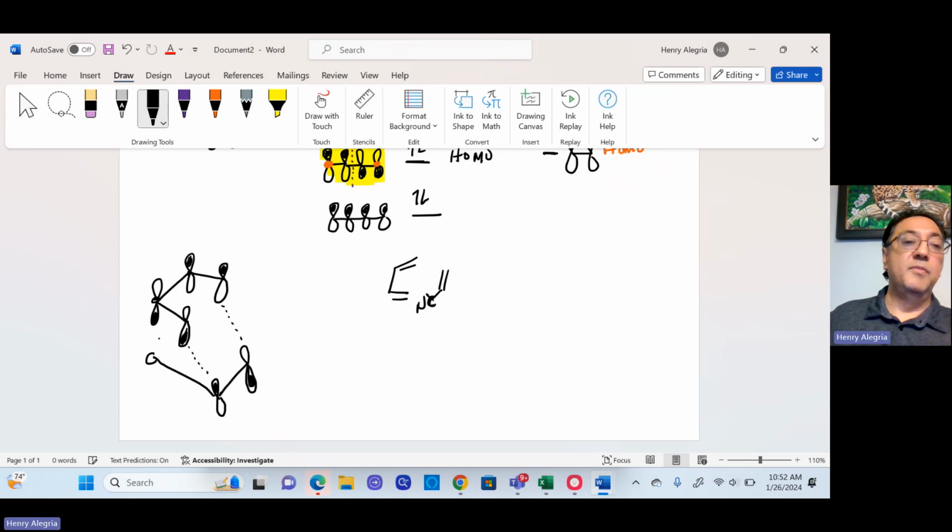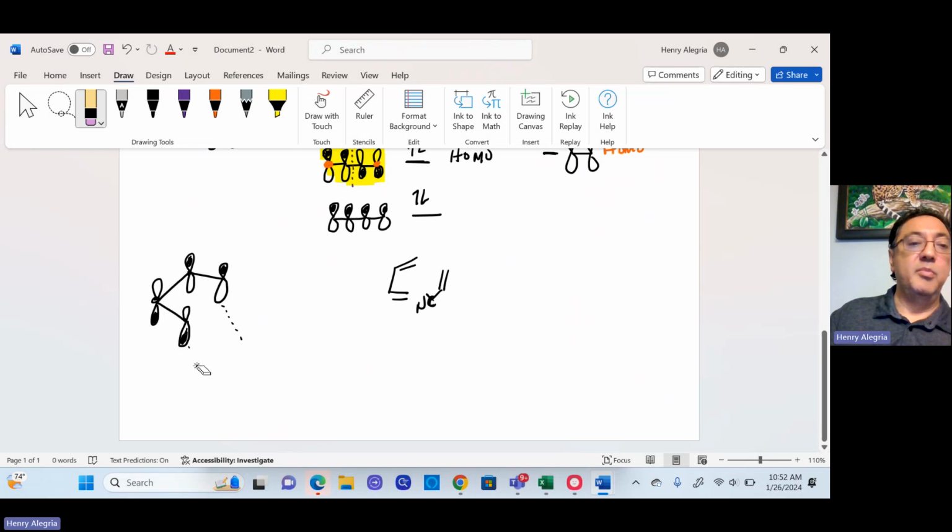I have a carbon, and I'll try a different color, I might be able to show this more readily. And in fact, let me bring this a little bit closer to give you a better perspective. So what's happening here is my dienophile is approaching this way, shaded up and shaded down.